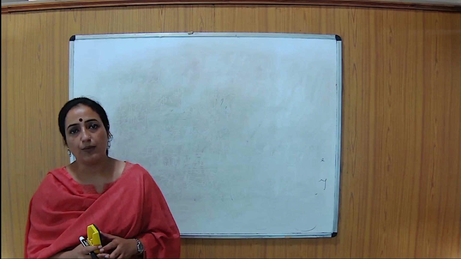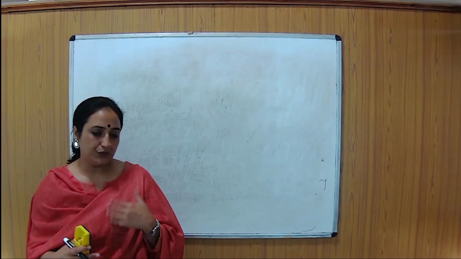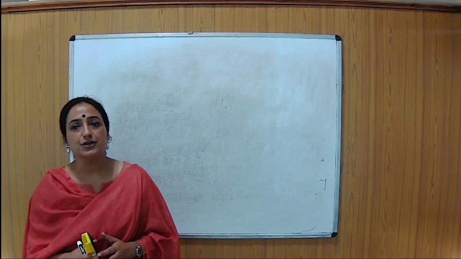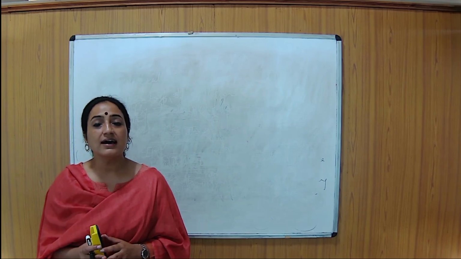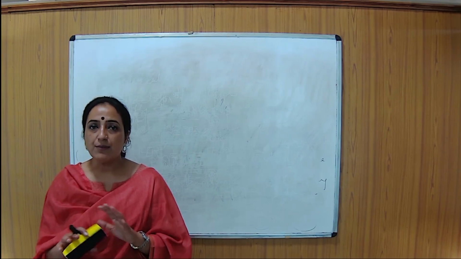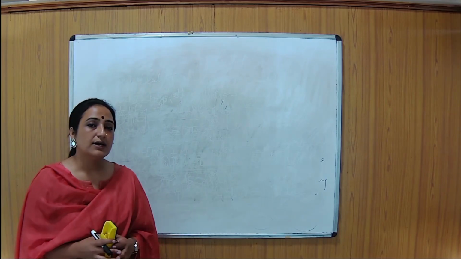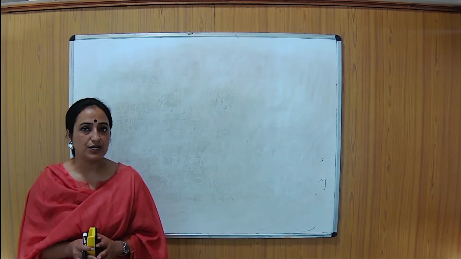Number one, to decrease inflation and to increase the employment level. Or you can say, to decrease unemployment and to decrease inflation. Simultaneously, it is not possible to handle both of these factors together.